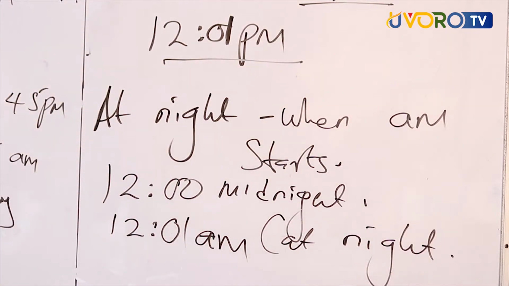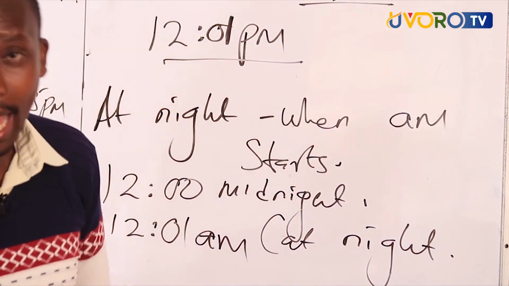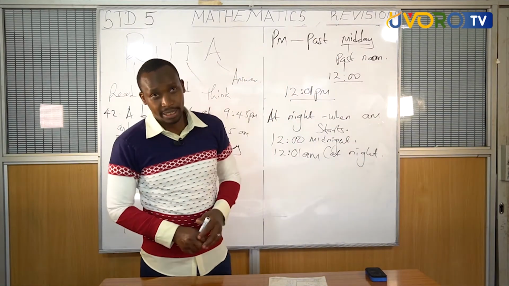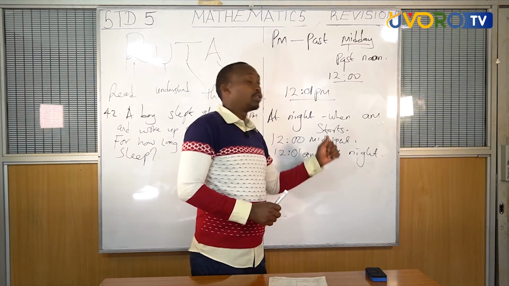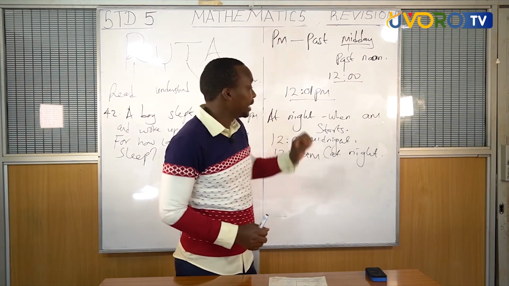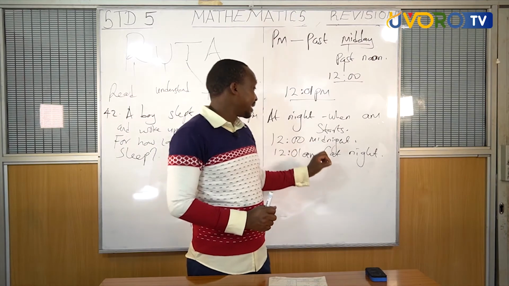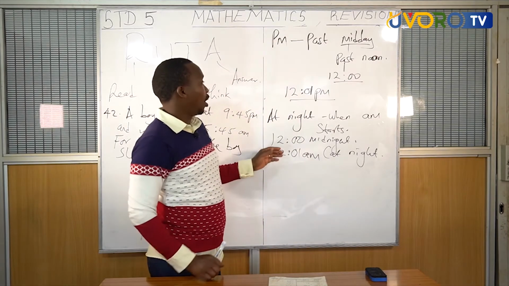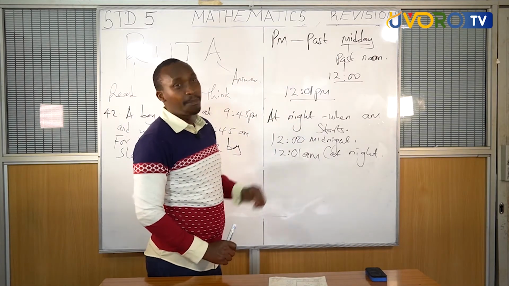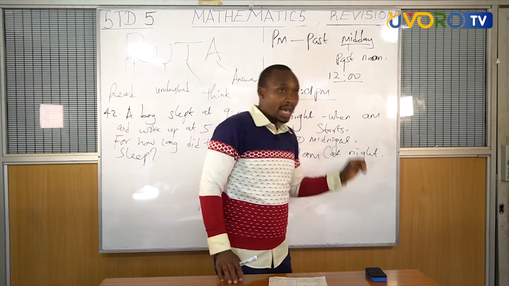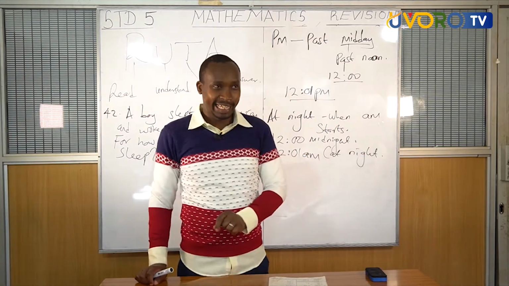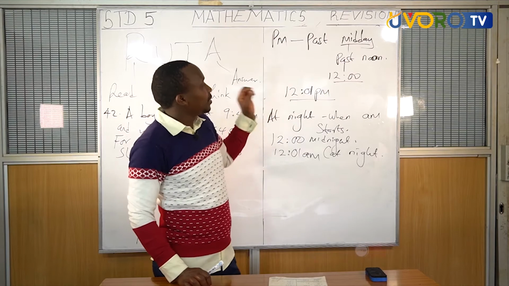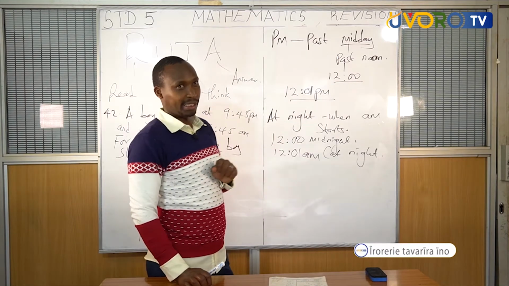AM starts at 12:01 at night and it ends at 12:00 during the day. Now, when does PM start? PM starts at 12:01 during the day and it ends at 12:00 at night.